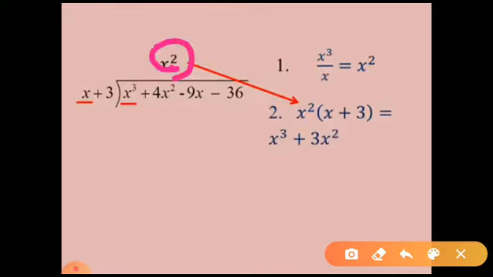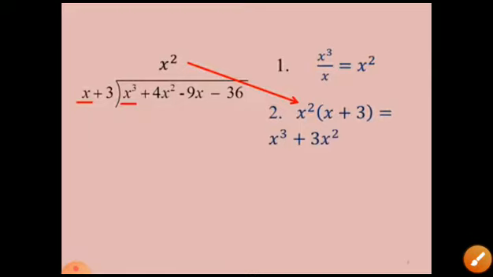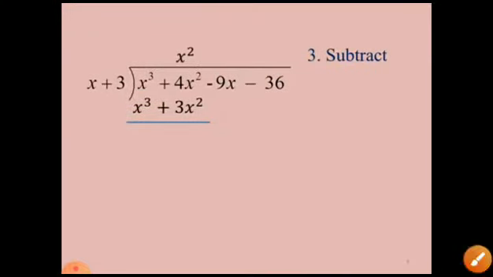And this x square should be multiplied with x plus 3. So you'll be getting x cube plus 3x square. Below the like terms, you should write that x cube plus 3x square.